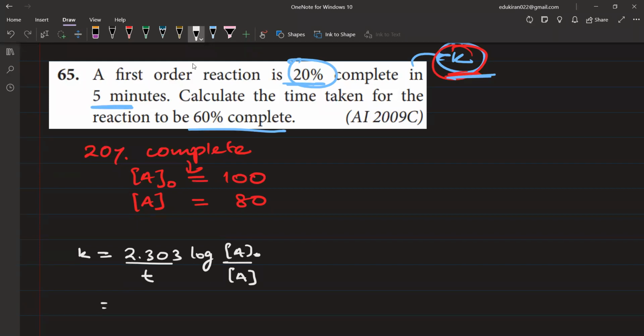Time is equal to how much? 5 minutes. And it's log of 100 upon 80. Yeah, that's quite right.